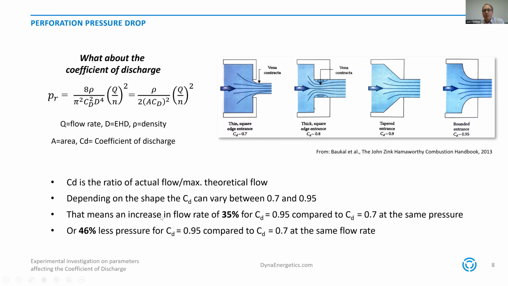So for a given pressure, a difference of 0.95 to 0.7 as a CD factor means you have 30% difference in flow. Or if you have an identical flow rate, you will have 46% less pressure if you have a CD value of 0.95 compared to 0.7. So this coefficient is very sensitive for the pressure, and therefore we thought it's worth looking into it in more detail and finding out what is the right value for a perforation.